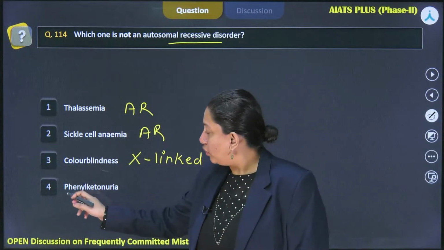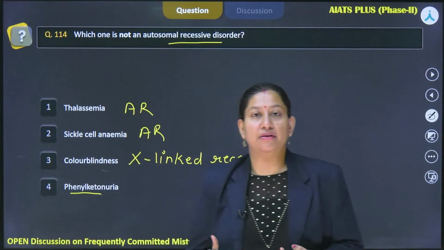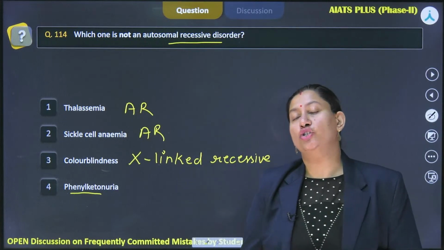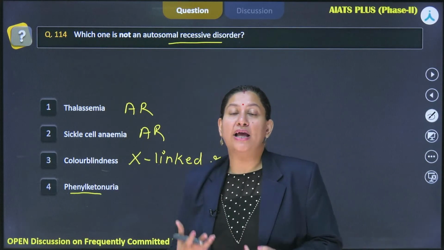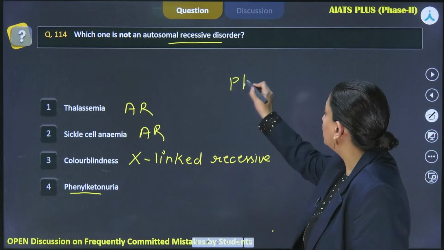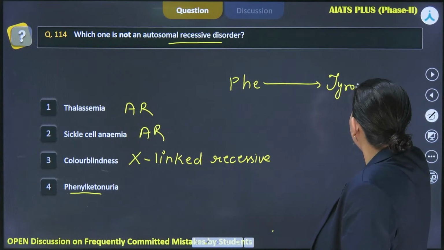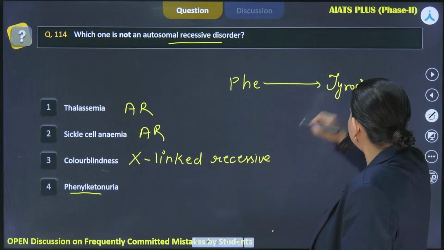Then we talk about the fourth one, that is phenylketonuria, which is an inborn error of metabolism, right, in which an enzyme known as phenylalanine hydroxylase, which basically converts phenylalanine into tyrosine, is going to get affected.